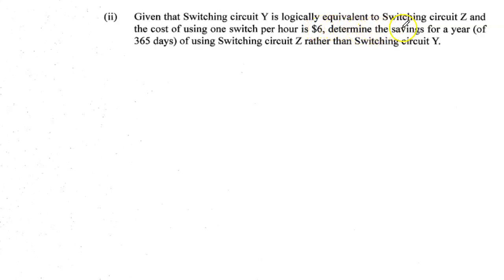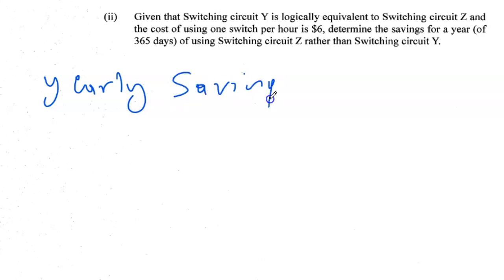The yearly savings would be what you'll save on a switch, because switching circuit Z has one less switch, and the savings on one switch is $6 per hour.